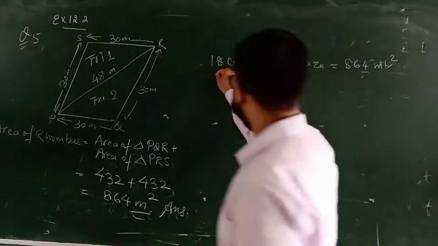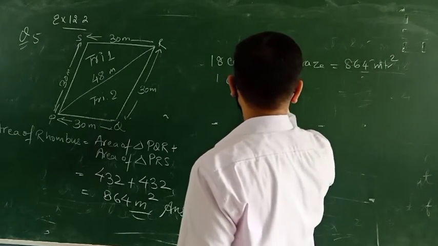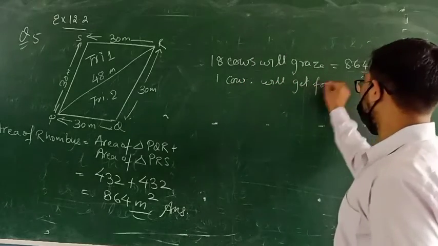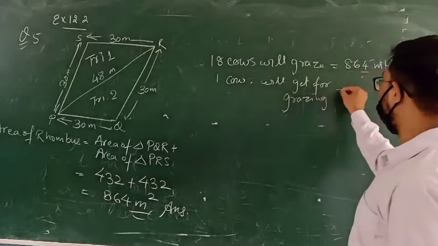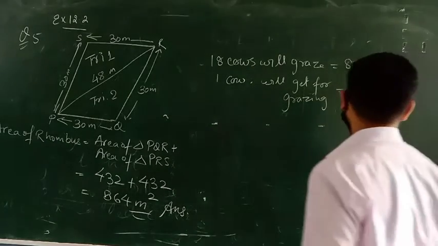So how much area will one cow get for grazing? It will be equal to 864 divided by 18.